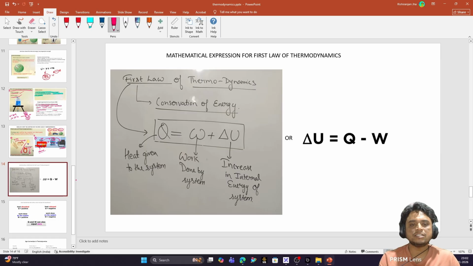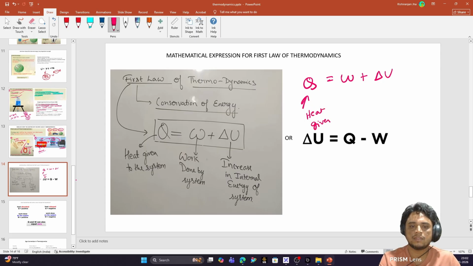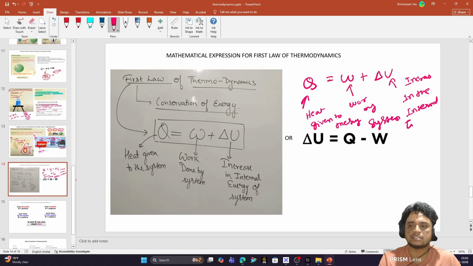The first law of thermodynamics states that Q = W + ΔU, where Q is the heat given to the system, W is the work done by the system, and ΔU is the increase in the internal energy, right?